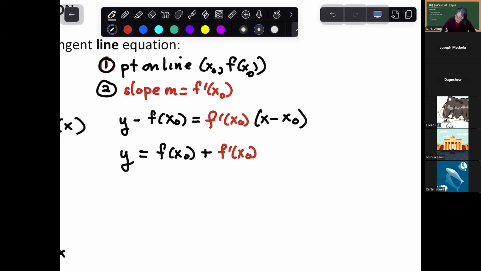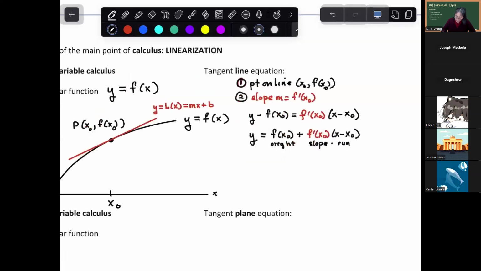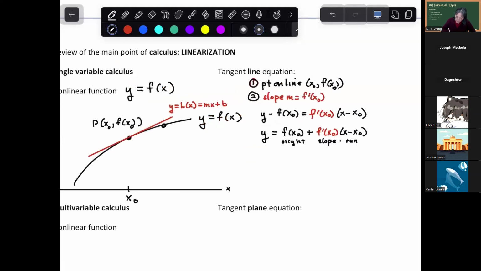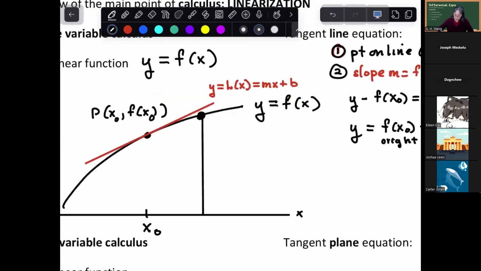And you guys have seen this. And now, does everybody see this is the original height? And this is slope times the run, right? So for instance, you want to figure out this guy, right? This is the actual f of x, right? And how can you approximate that?